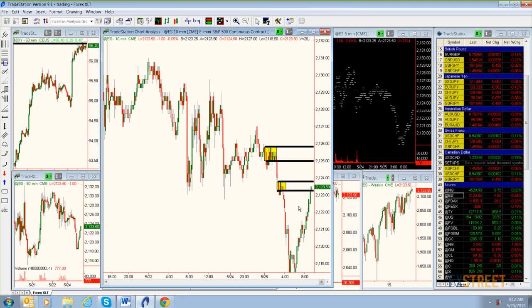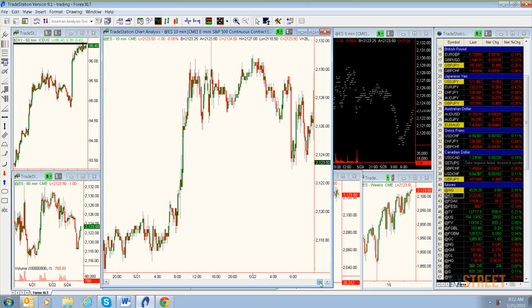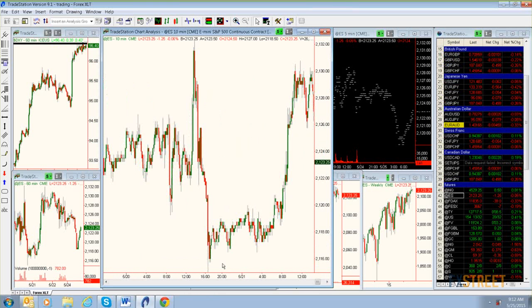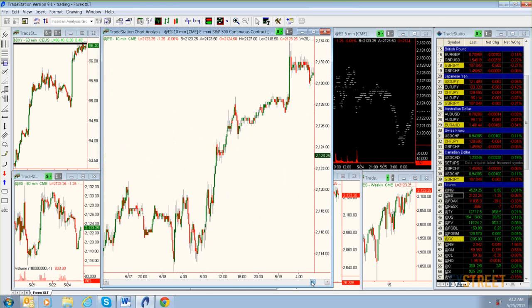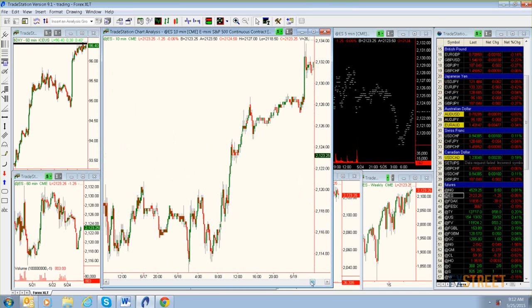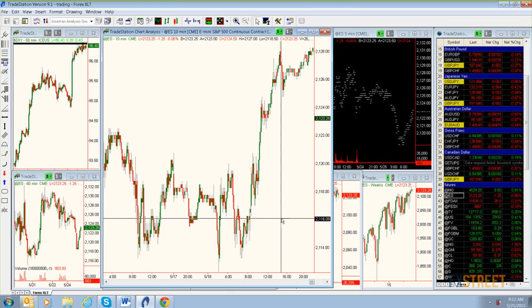But let's look down now and to the left. Any fresh demand down here? No. Now we go below 2116. There's 2116 again, so remember, we've already been there over to the right.